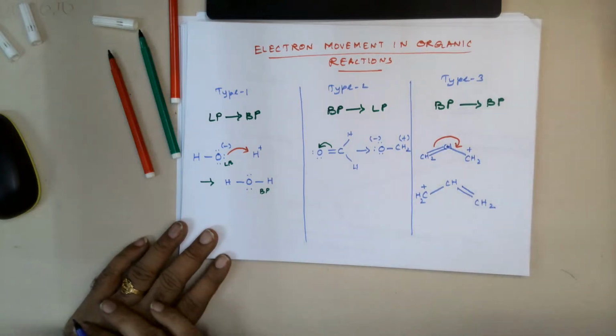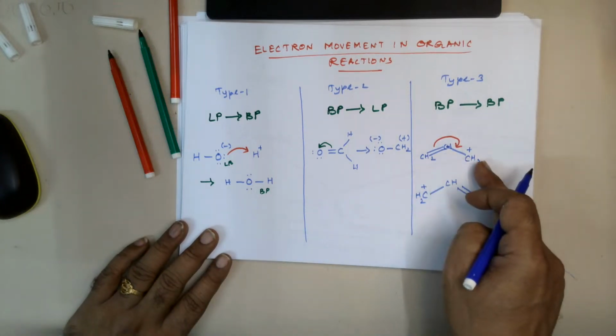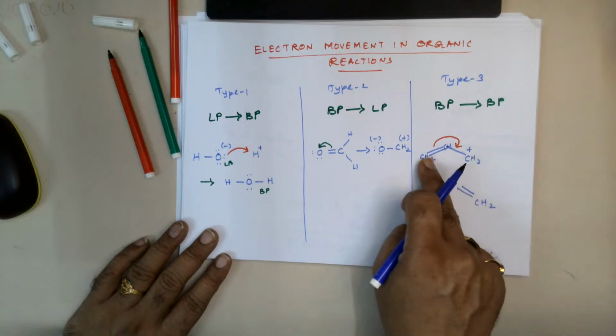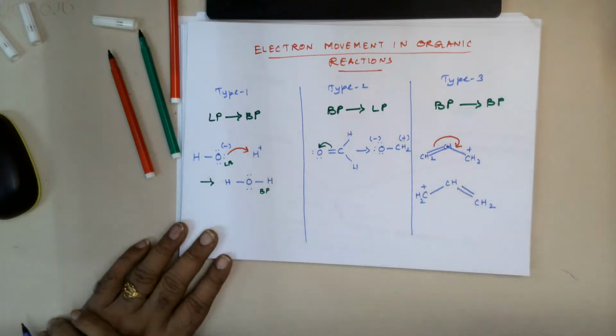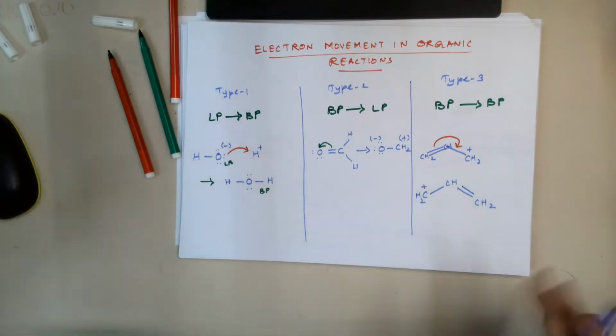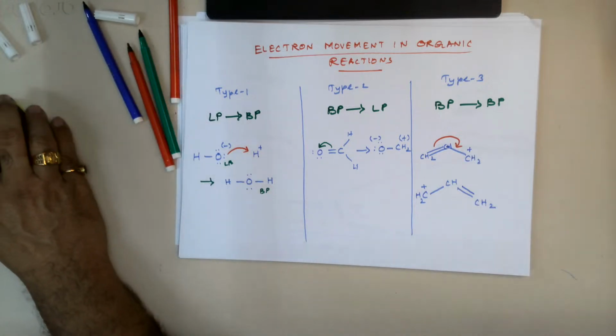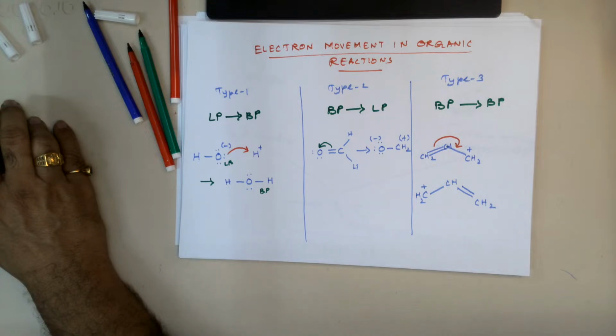Are you able to understand? So this is a bonded pair, this is another bonded pair. So bonded pair to bonded pair, it is shifted. So likewise, you can have three types of electron movement in organic reactions.